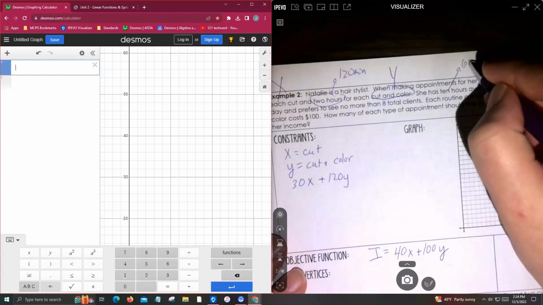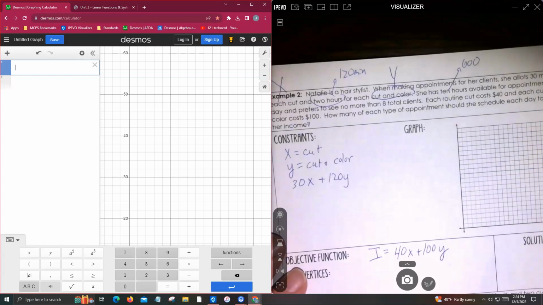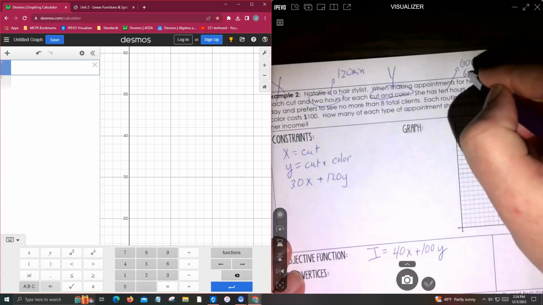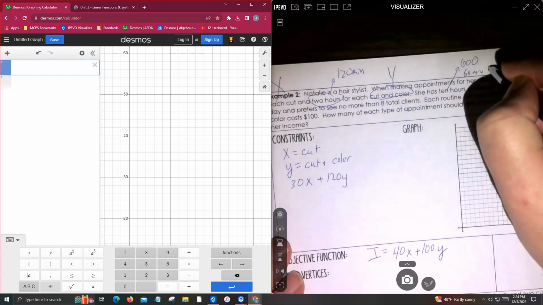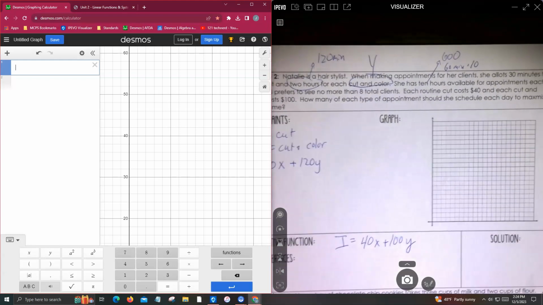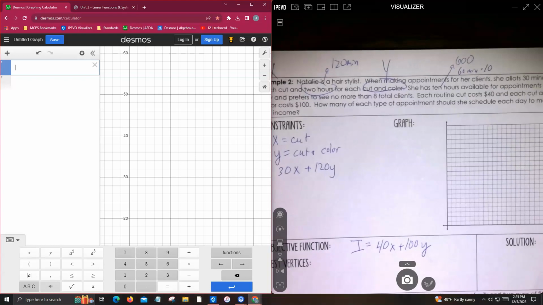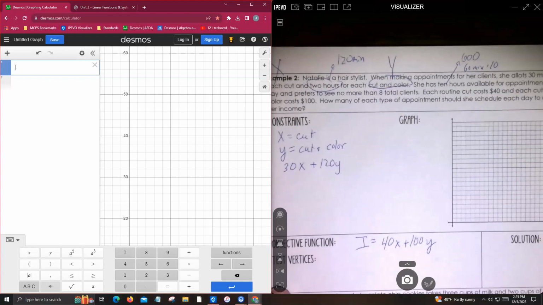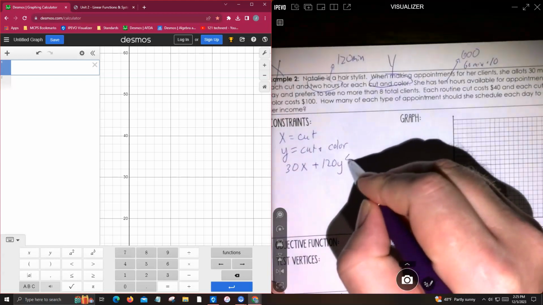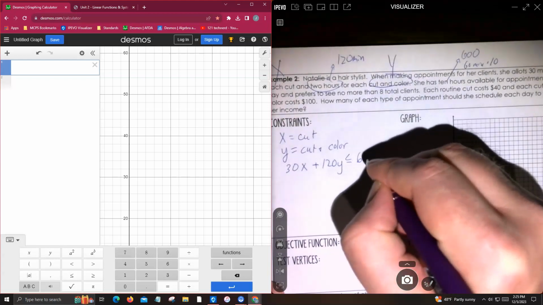This would be 600, right? 60 minutes times 10. If I were redoing this, I might have used hours instead of minutes, but I didn't, so I'm going to go with what I wrote. So she wants to stay under 600 minutes.